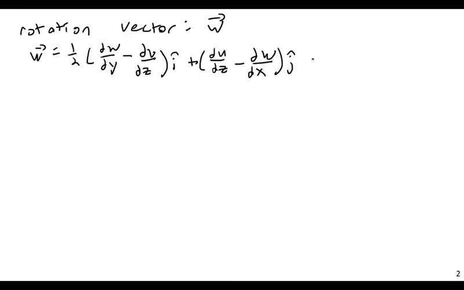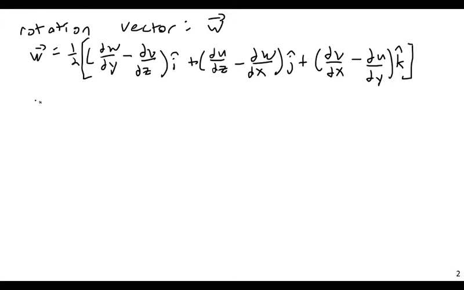So this should look very familiar as a cross product you might remember from your earlier courses, plus the partial of v with respect to x, minus the partial of u with respect to y, times k. And then this 1/2 would be multiplied times the entire thing.